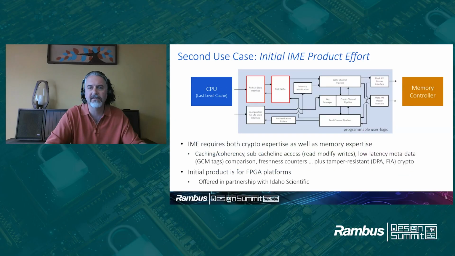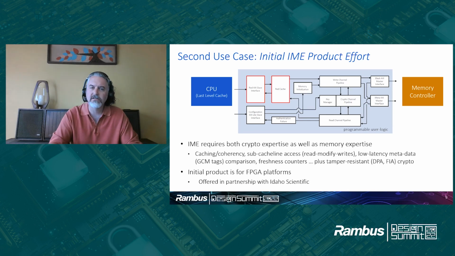Here's an example of our first launch into this space. It is our initial IME product effort. As I've been describing, it requires both crypto expertise as well as memory expertise, because you have to handle the cache coherency. You have to handle what happens during sub-cache line access for this circuit to now perform read, modify, writes. Low latency is of course essential, but you also have low latency metadata grabs because you have to be able to pull GCM tags to authenticate the reads that you're performing.